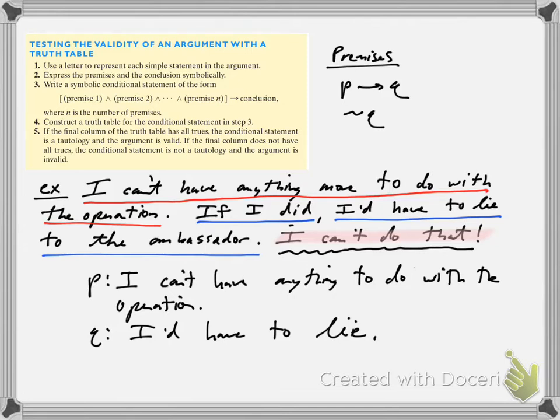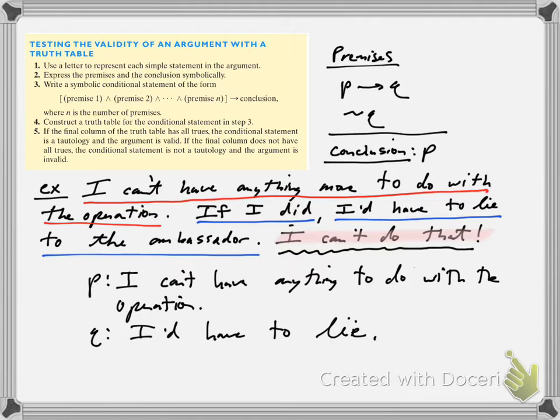So that's my two premises, and my conclusion is that I can't have anything to do with the operation, which is P, correct? The conclusion is P.